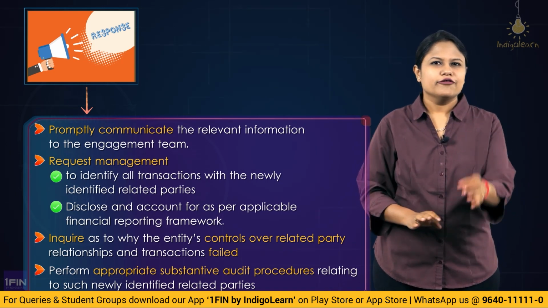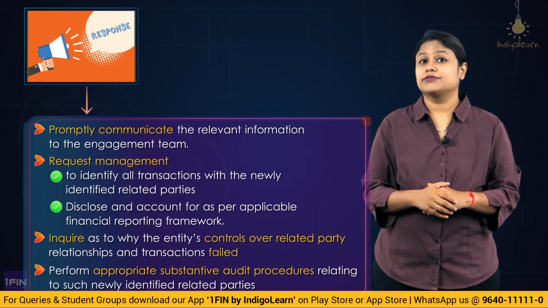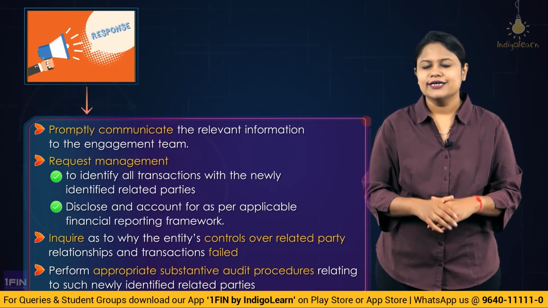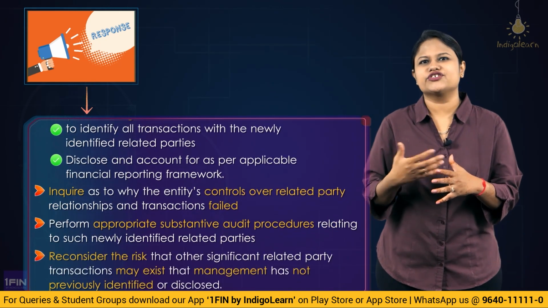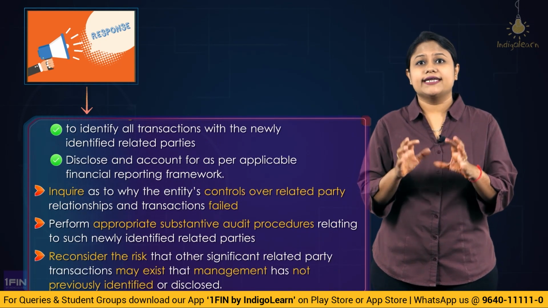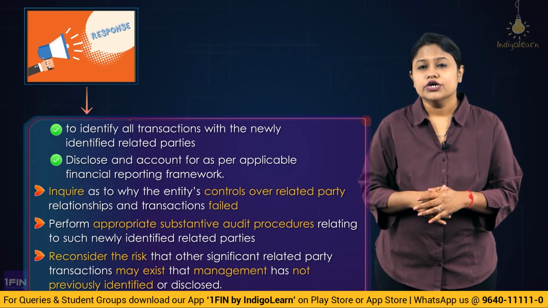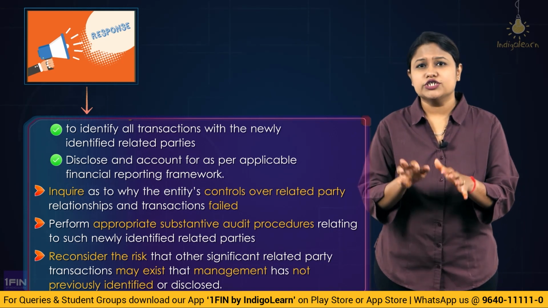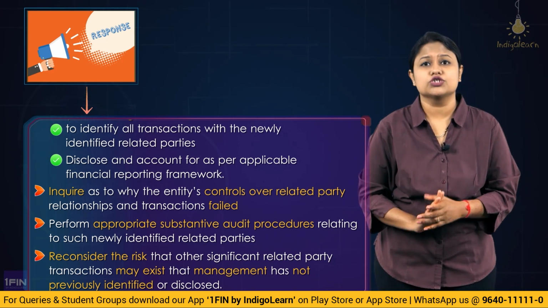Now tell me, when you found out one, don't you get a suspicion that something more could be there? Got it? So here you would now get a doubt that you are going to review and recheck some more areas, so that you reconfirm yourself that yes, this is the only one which we could come across. So what would you do? You would do the reassessment to ensure: are there any other relationships which the management has not disclosed to us?